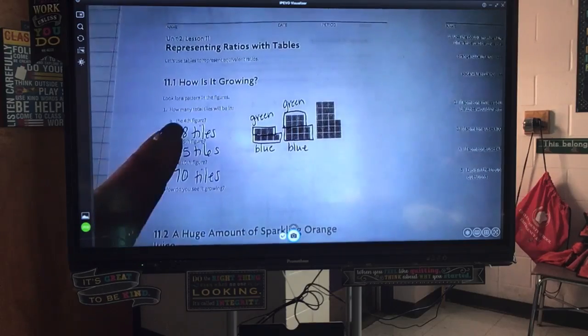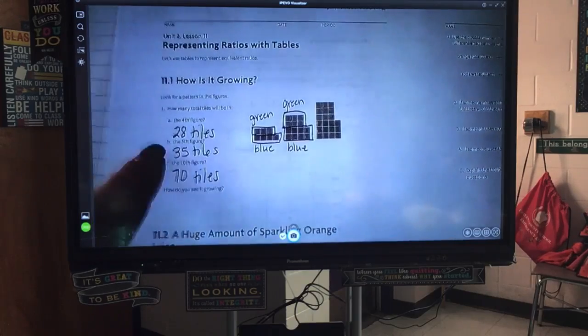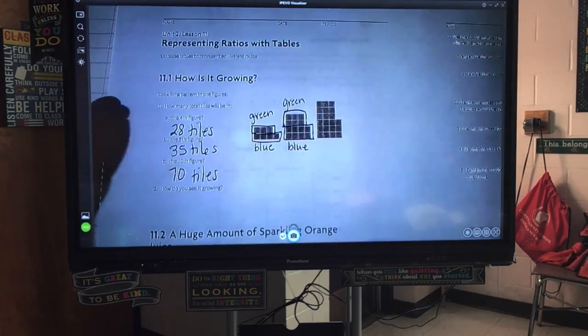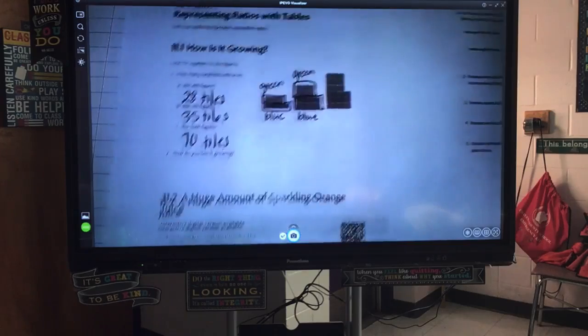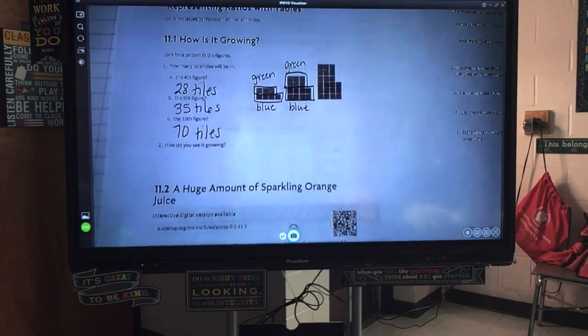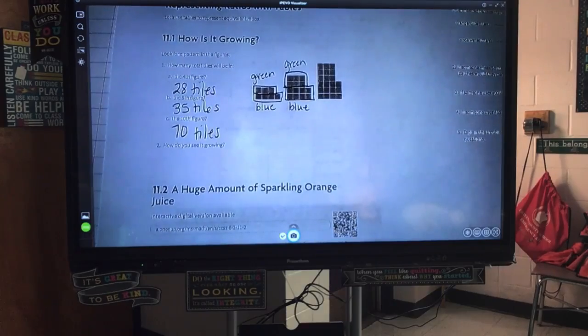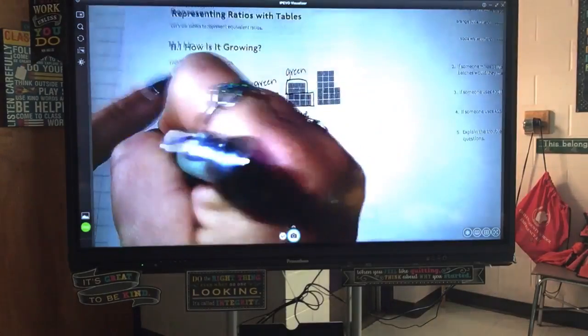So did you take like 4 times 7, and then 5 times 7 and then 10 times 7, okay? And there is no right or wrong way to find 28, 35, and 70. It's just different ways to find those. All right, and then obviously we kind of figured out how does it grow? So how does it increase each time? By 7.